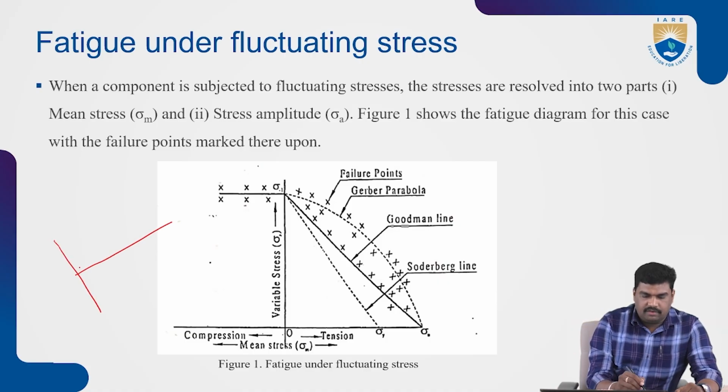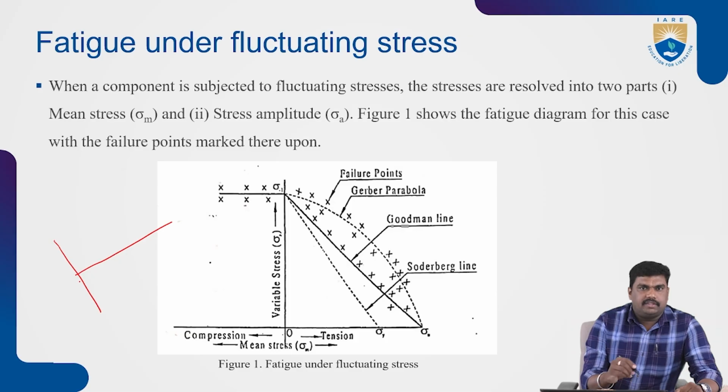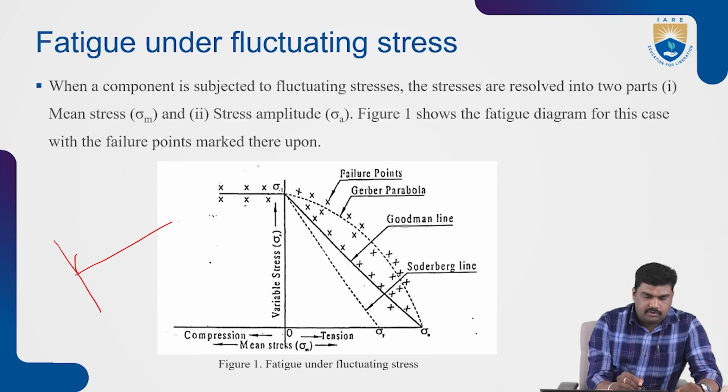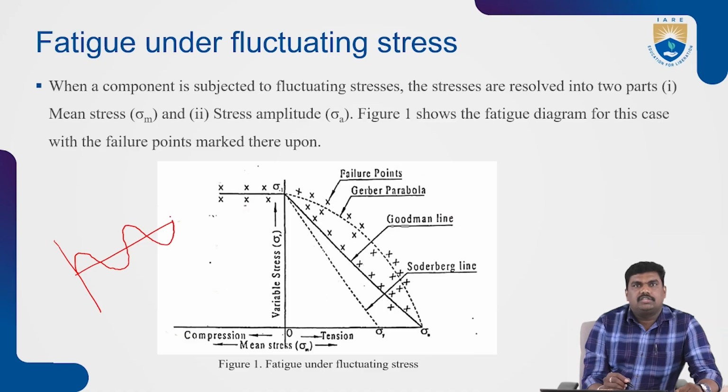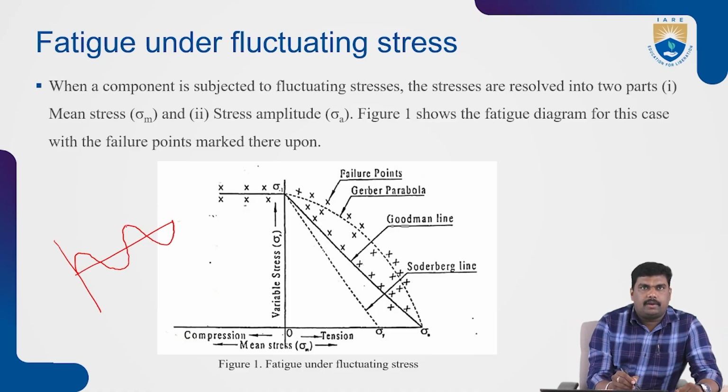While I was explaining the stress cycle, I said the stress will have a tension, and if you take this as a mean line, stress with respect to time, then as time varies the stress will have cycles: one cycle, two cycles.